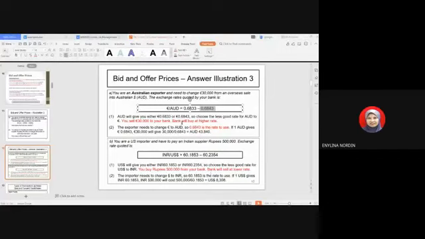So if this company bring the 30,000 euro to the bank, then 30,000 euro will divide by 0.6843, and you will get Aussie dollar of 43,840 dollar.